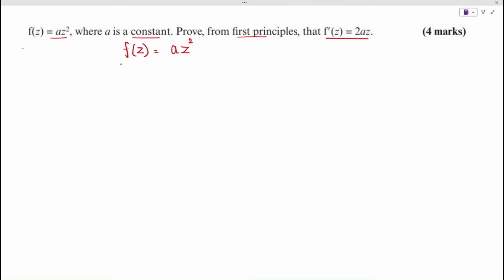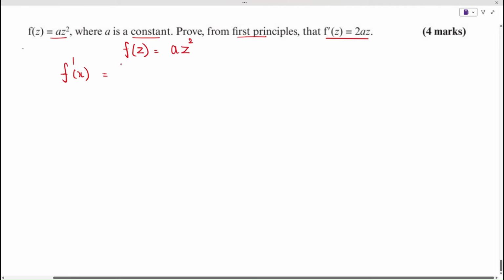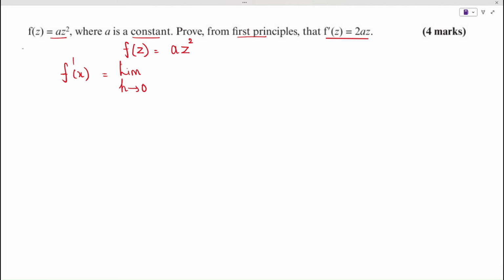We can now use our equation for first principles. So we have f prime of x is equal to lim as h tends to 0, f of x plus h minus f of x all over h. And so now we can substitute our values in.